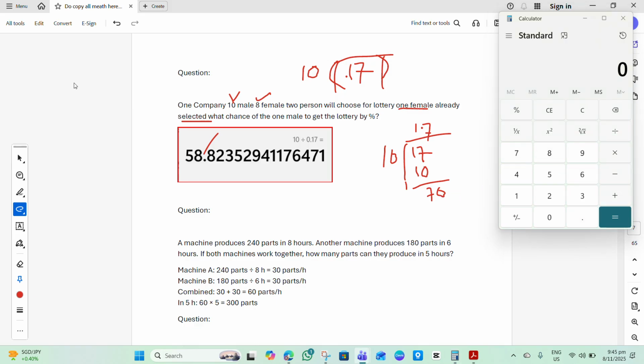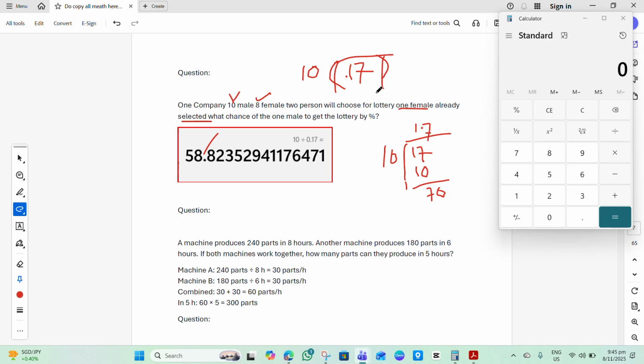Come again, explain. My question is, which one do you prefer: 10 divided by 0.17 or 10 divided by 17? Which one can you find out?